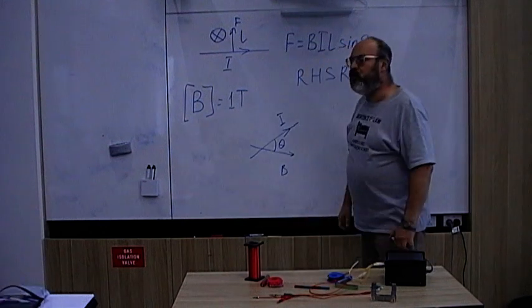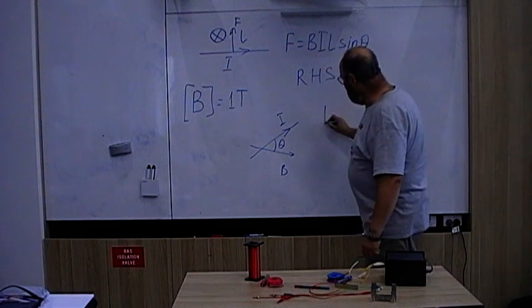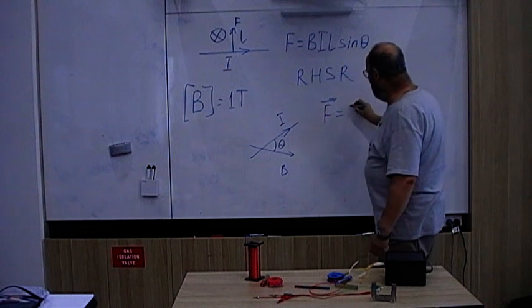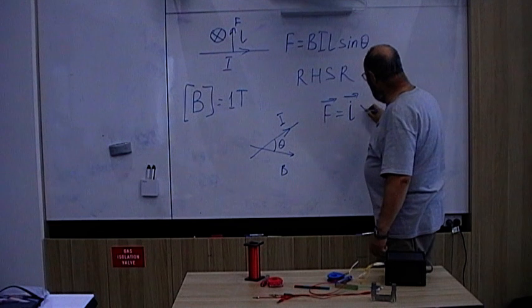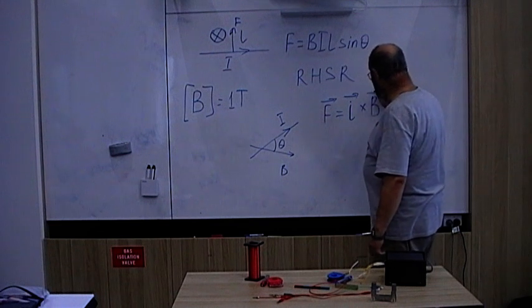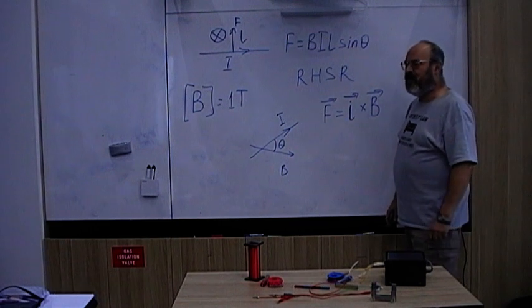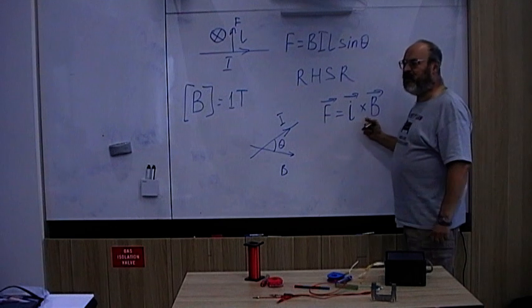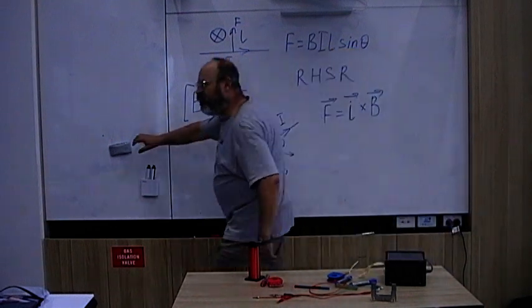Now, for those doing SPECH, the actual proper formula is F equals I cross product B. That is, the force acting on the current in the magnetic field is a cross product of the current and magnetic field, but that's not part of the school physics curriculum.